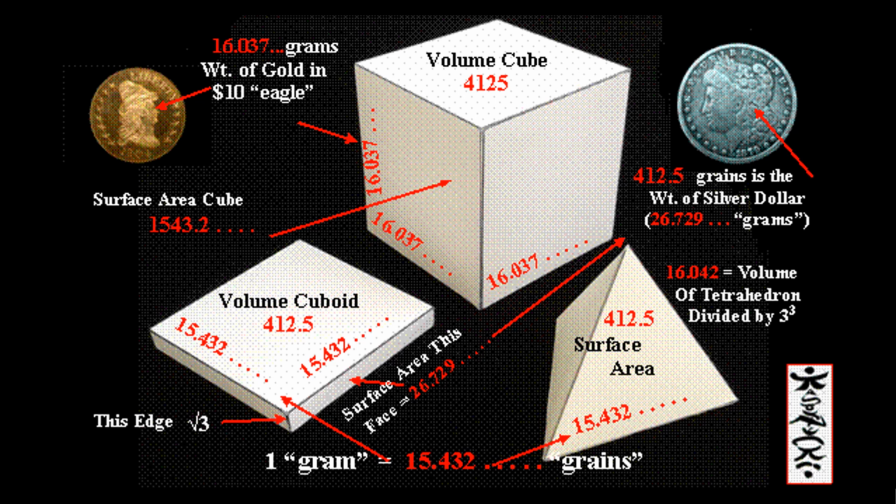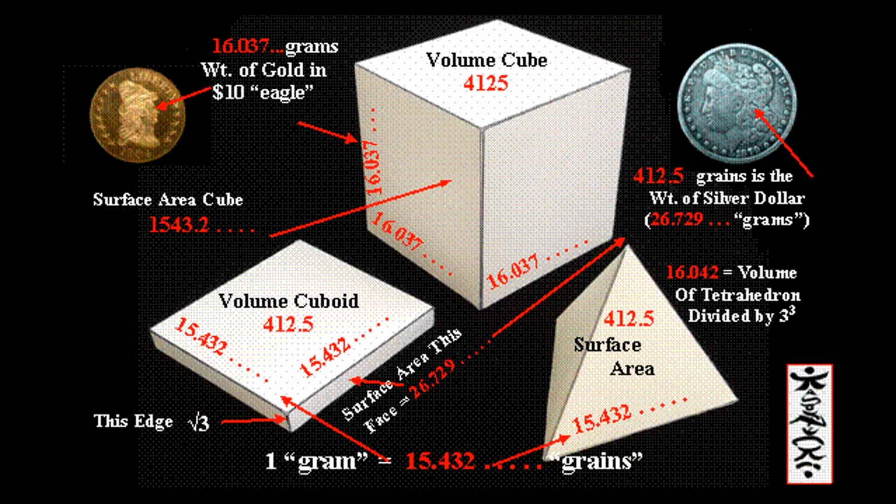It's important to emphasize that prior to the 1790s, neither of these two coins, nor the metric system itself, even existed. Yet, this timeless geometry existed from the first moment of creation. Below the cube, to the left, we can see a cuboid with the same 412.5 unit volume as the silver dollar coin.